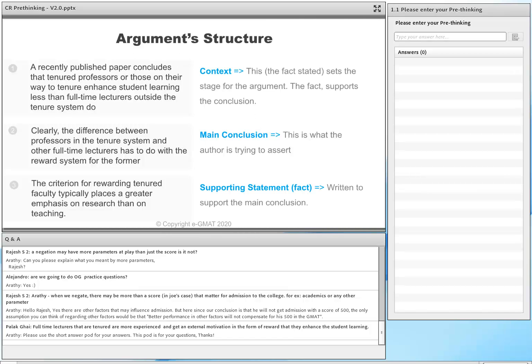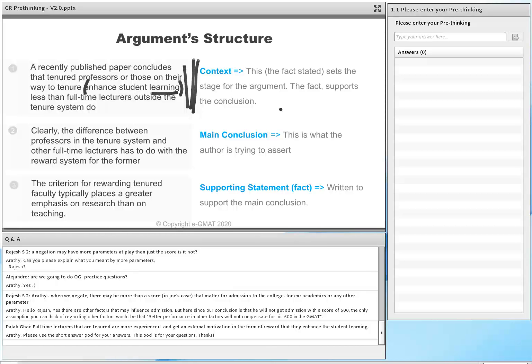Okay, so just the logic of the argument. What really happened was in statement 1, we were given a factual piece of information, where it says there's this paper which says that tenured professors enhance student learning less than full-time lecturers. So if I were to visualize this statement, what I'm really saying is that when comparing the two entities, full-time lecturers and tenured professors, full-time lecturers seem to do a better job with regards to enhancing student learning.